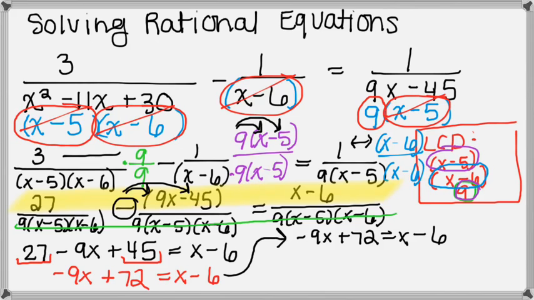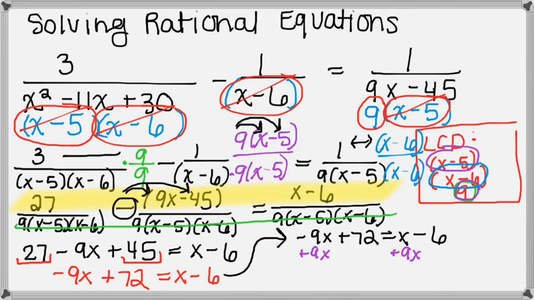To group all of the x's together, I'm going to go ahead and subtract x from both sides. Well, actually, just to keep it positive, I'll go ahead and add 9x to both sides instead. And at the same time, that means if I add 9x to both sides, I'm moving the x's over to the right.